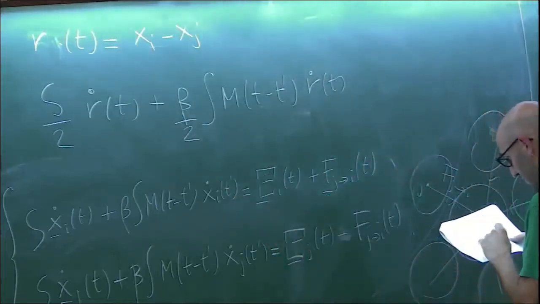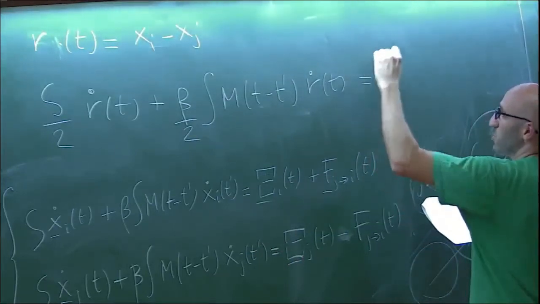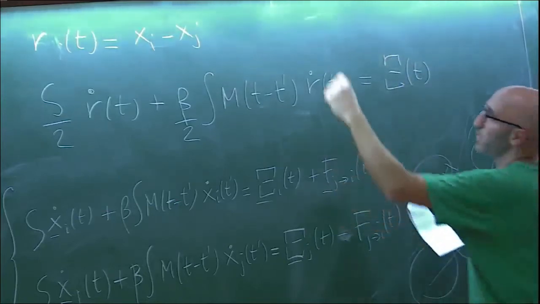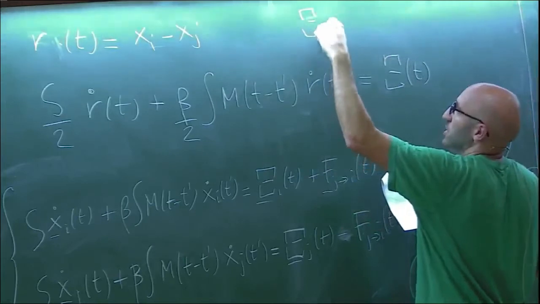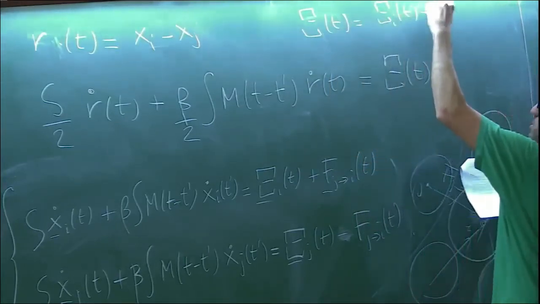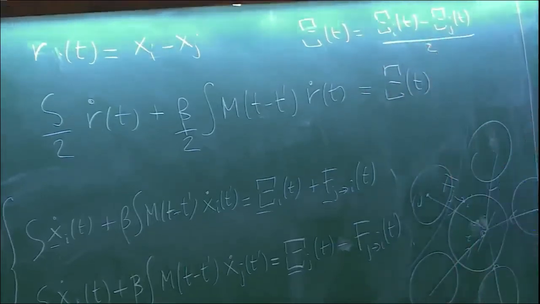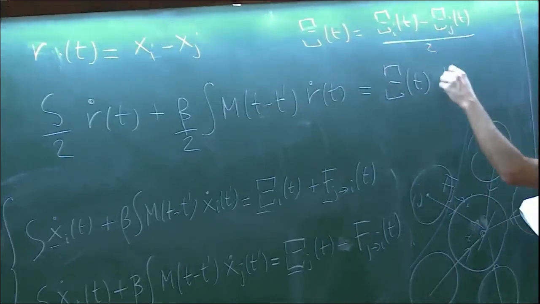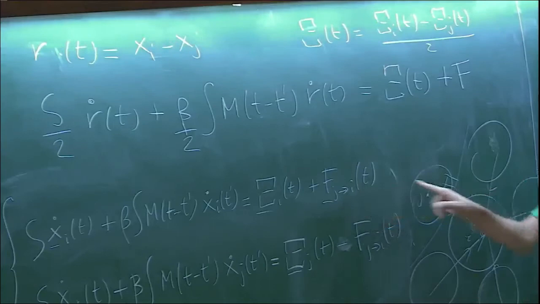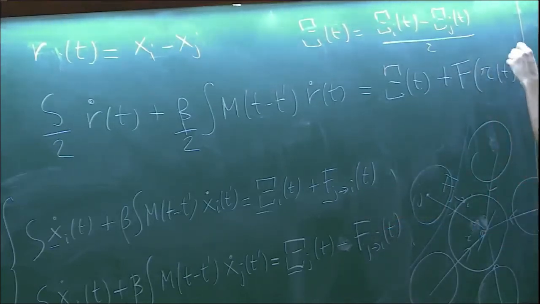And then this is going to be equal to psi of t, where psi is the difference of the two noises divided by 2. And then I have plus the force. Now this force is a function of the distance between I and J, so I can write it as f of r of t.